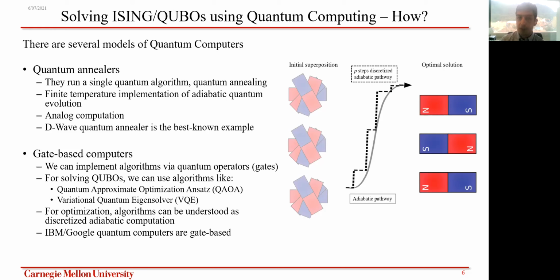Among them, there exists the quantum approximate optimization ansatz or algorithm, QAOA, or the variational quantum eigensolver, VQE. And a hand-wavy way of explaining this kind of algorithms is that through discrete quantum operators, they try to follow the pathway given by the adiabatic quantum computation. So each one of these discrete steps are generated through these quantum operators.